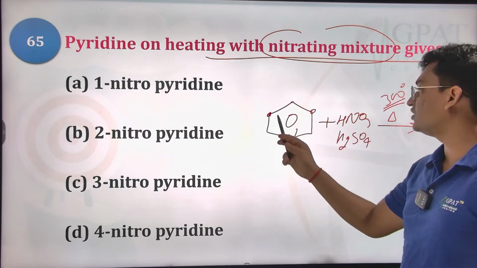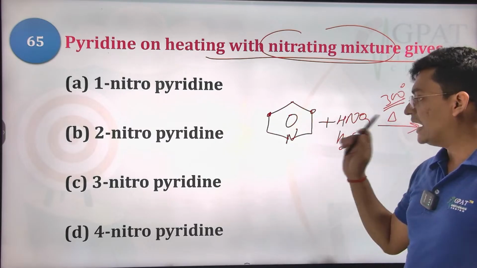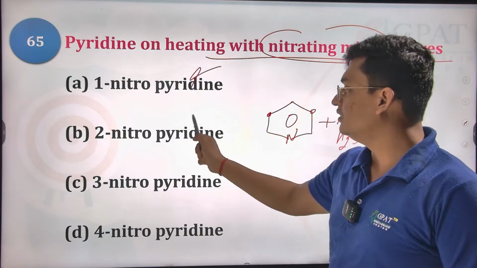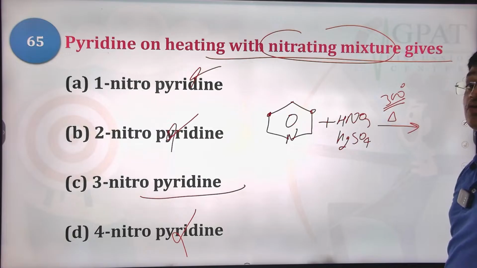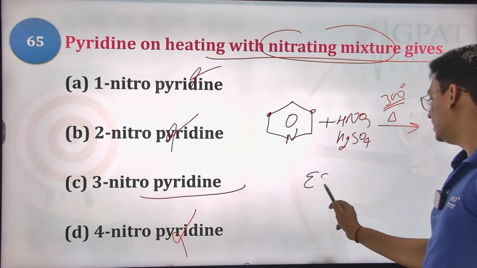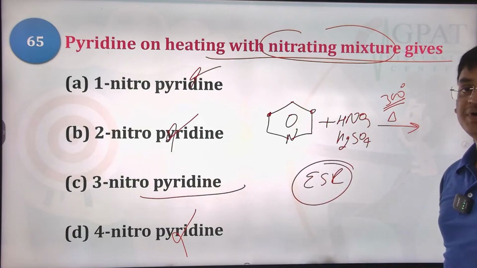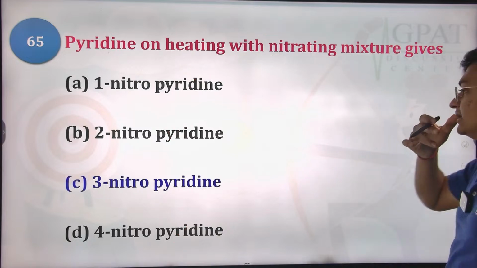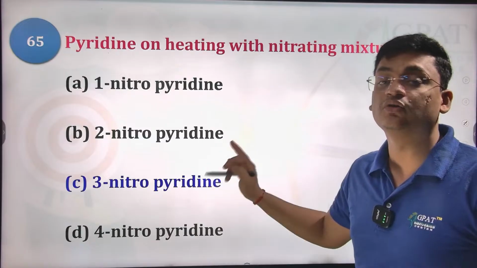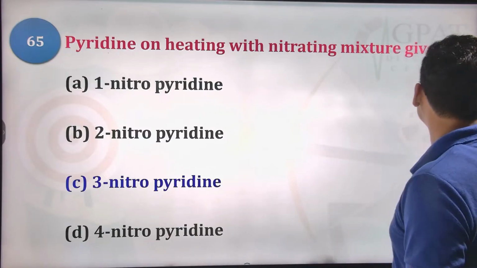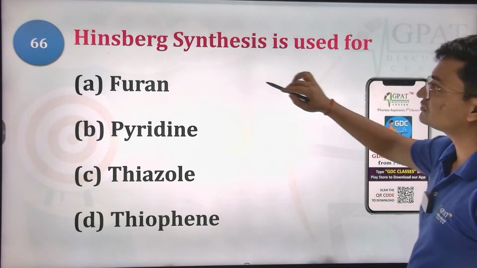If the third is blocked, then the fifth position is possible. So at the 3 or 5 position, not 1, 2, or 4. It's only the third position where electrophilic substitution reactions can happen in the pyridine ring. So 3-nitropyridine can be the right answer, but this reaction is possible only at higher temperatures.